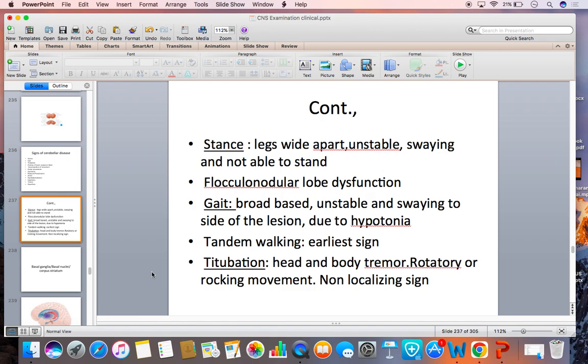That is because your balance is disturbed because of the disturbance of the vestibulospinal pathway. Vestibular nuclei are connected with the cerebellum.